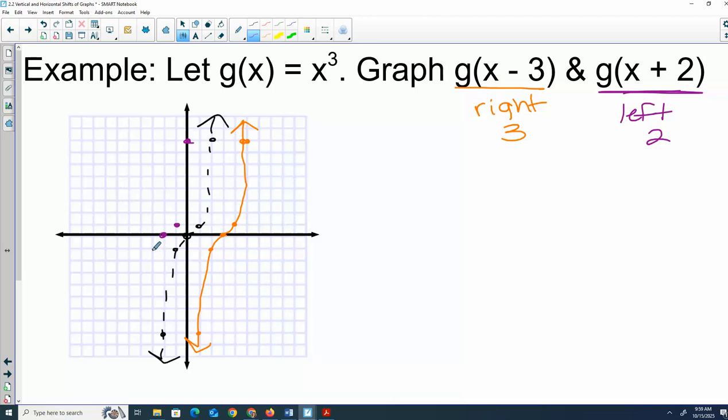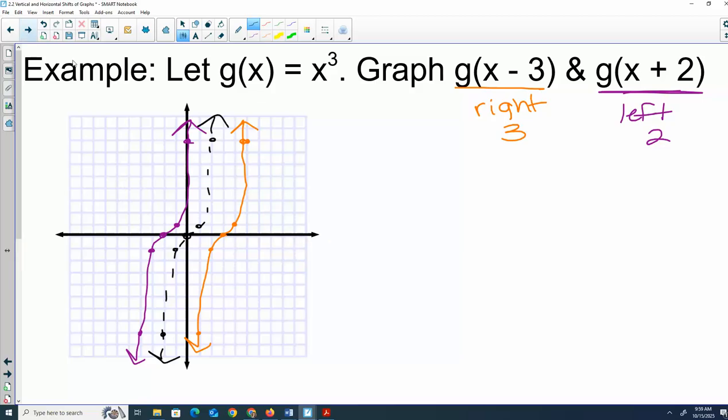If you had this on an assignment, you could label which is which. So far, so good.